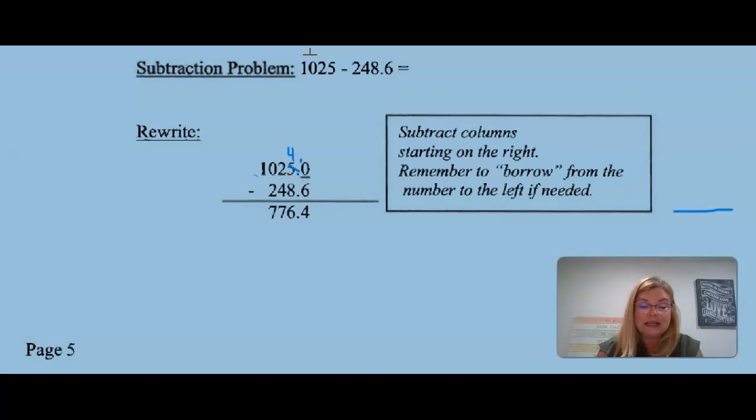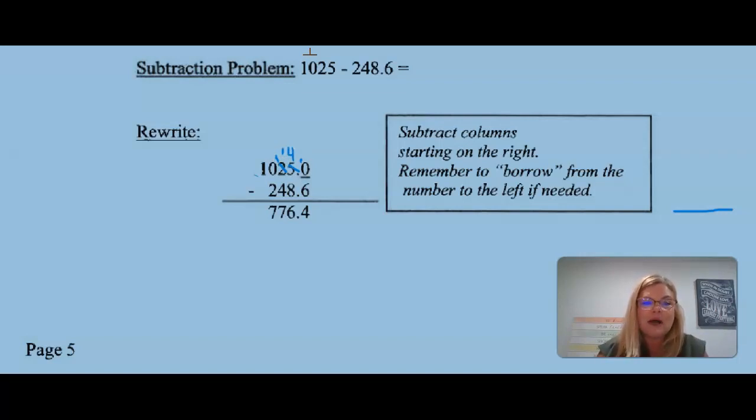Now, when we get to the next column, 4 minus 8 doesn't work, right? We need to, again, go to the next column, cross it out, borrow 1. So we need to make sure that we have our 1 there. And then this makes that 14. So now we have 14 minus 8, which gives us 6.